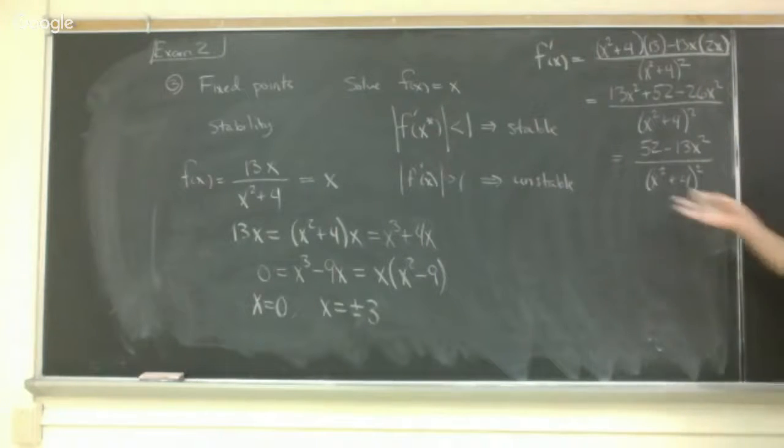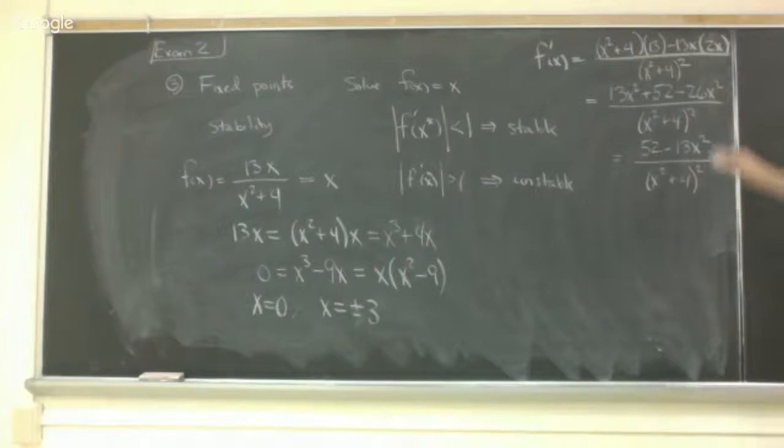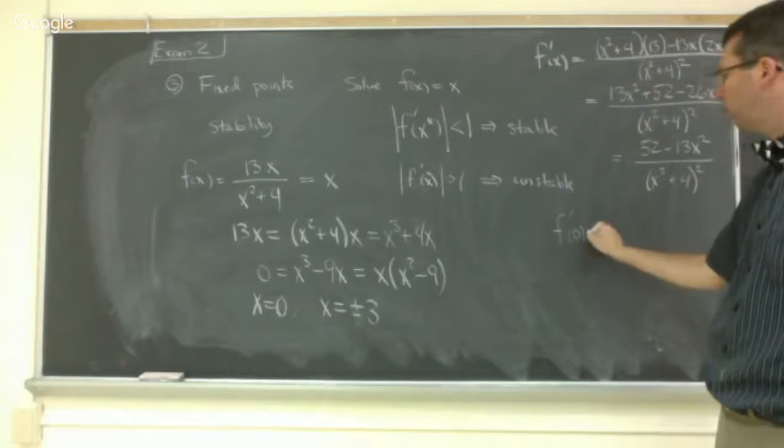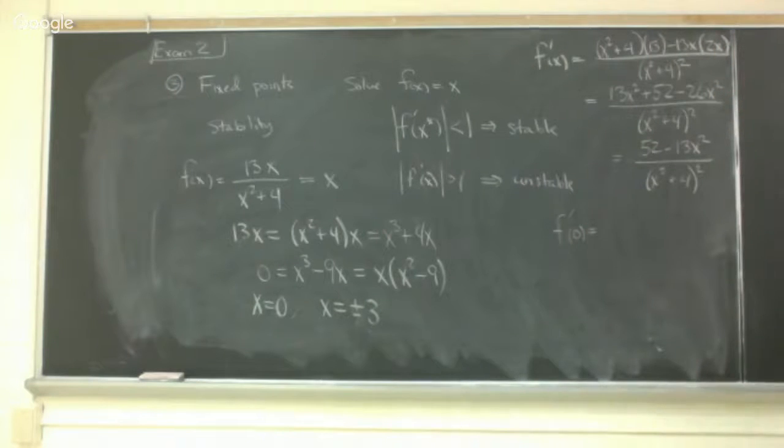And I'm going to plug those three numbers into this formula. So when I plug in and calculate f prime at 0, I get 52 minus 0, so that's 52, divided by 0 plus 4, so that's 4 squared, 52 over 16.